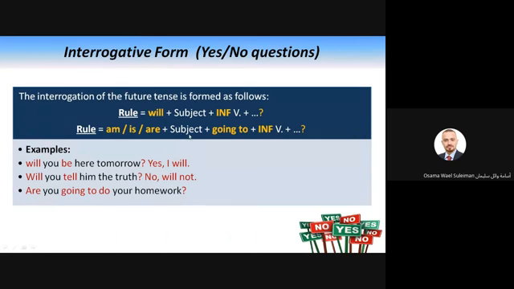We're going to infinitive verb وبقية الجملة تبقى كما مكانها. For example, will you be here tomorrow?